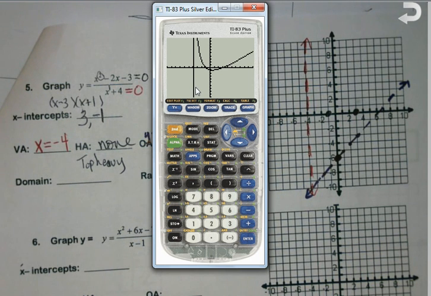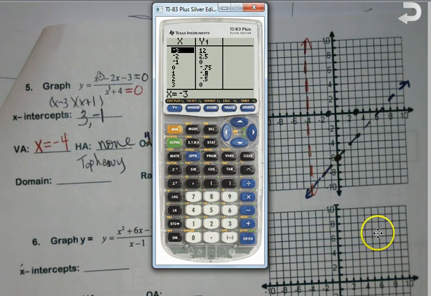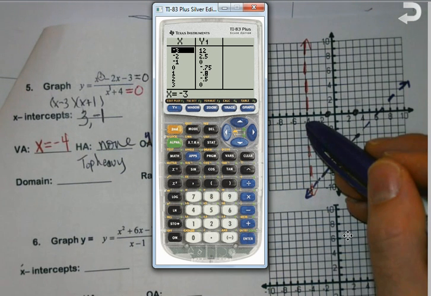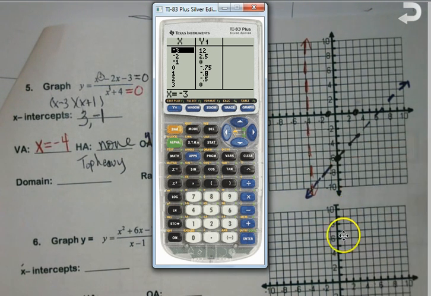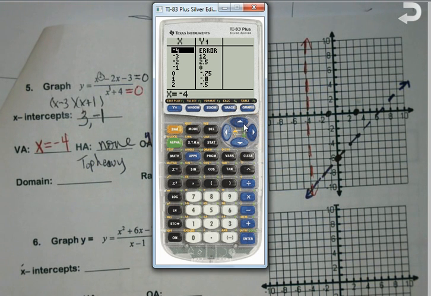But then you notice how my graph has a slant to it, in this direction. So what would happen is, I'm going to end up with values, if I look at my table. So here's my asymptote at -4. Let me get my error up so we can see that. There it is.